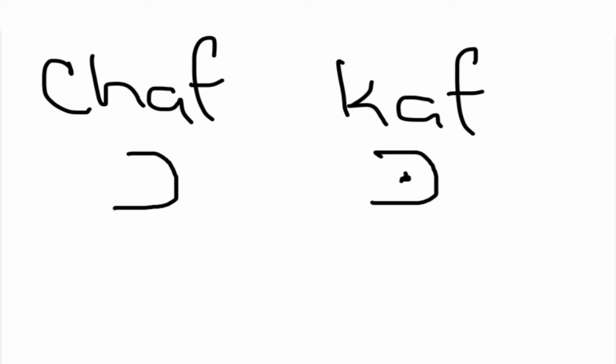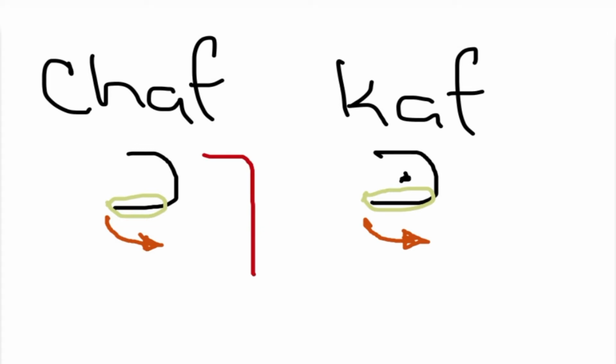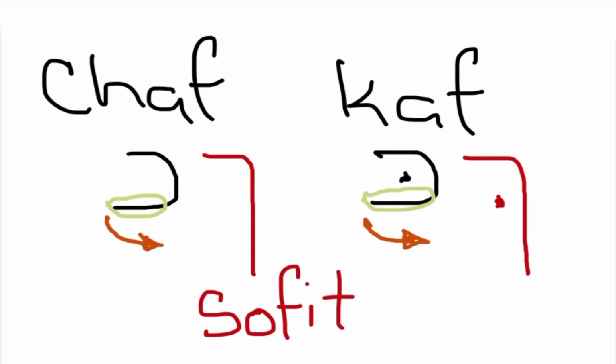We're going to take this bottom part of each one of these letters, and we're going to turn them so that we form this letter. This one has a dot. This one does not have a dot. Now, these are called sofit. Sofit is written like this. This is the chaf sofit, and this is the kaf sofit.